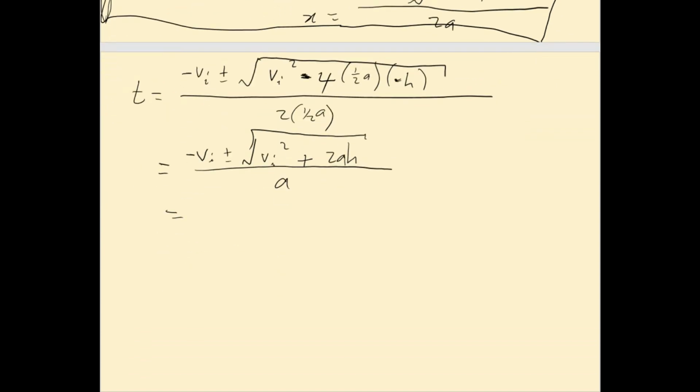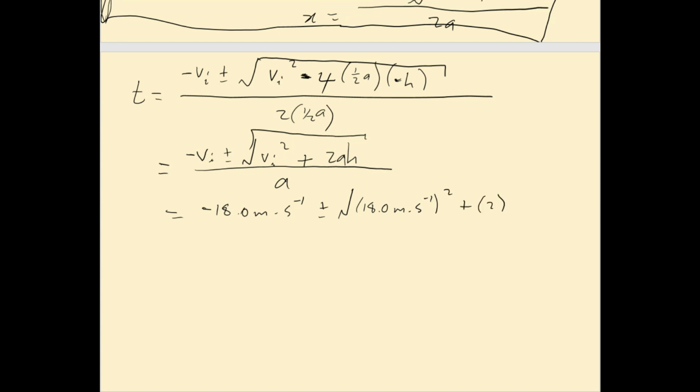So negative vi will be negative 18.0 meters per second plus or minus the square root of 18.0 meters per second all squared plus 2.